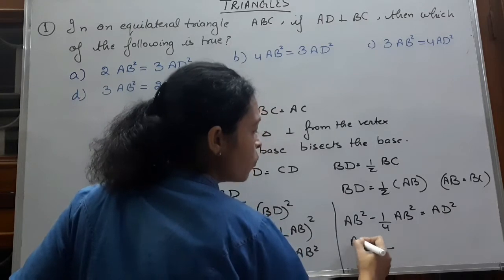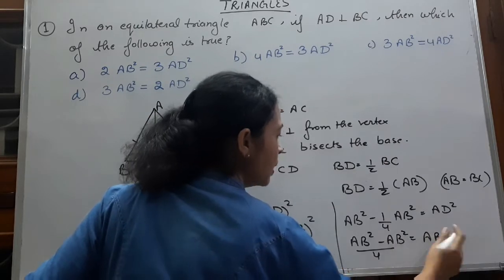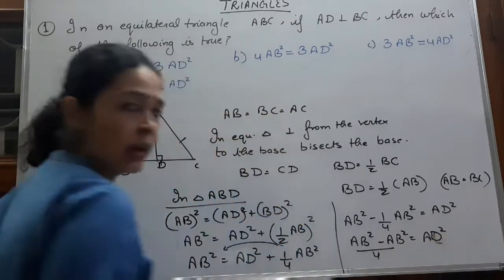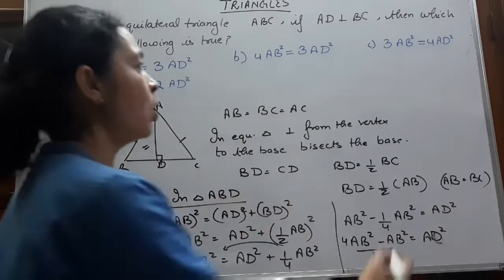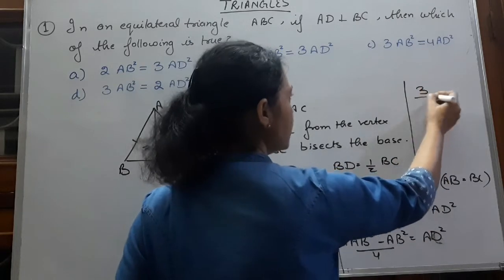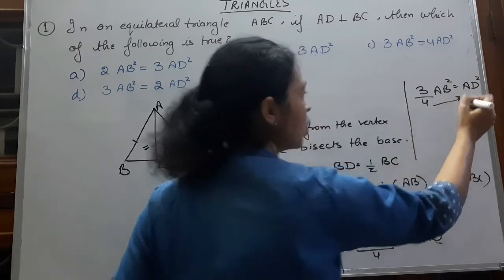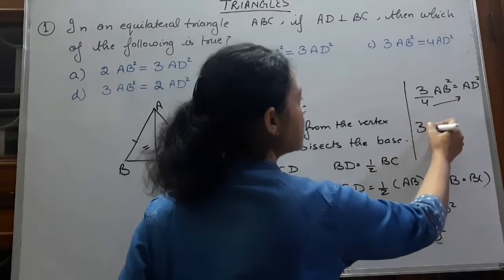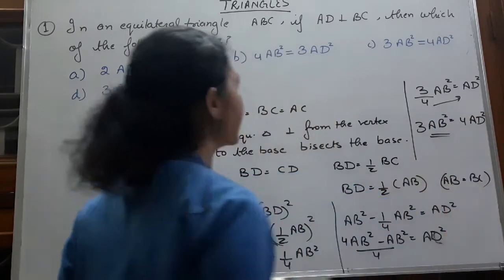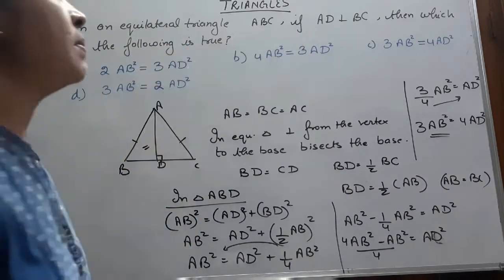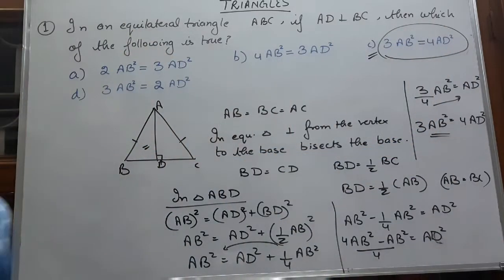Take 4 as LCM. 4 AB square minus AB square is 3 AB square upon 4. So 3 by 4 AB square equals AD square. Take 4 on the right hand side. 3 times AB square equals 4 times AD square. So which is our correct option? Option C, 3AB square equals 4 times AD square. So option C is our correct option.